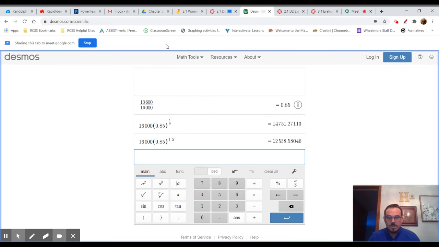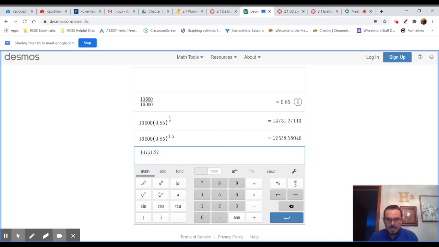Let me share this with you, just to prove to you that it's the same thing as what we found earlier in this problem. We will take that and divide it. Oops, I put the wrong one there. I'm just going to copy that, put it at the bottom. I got to put the smaller number up top because that's after time has passed. So the 12,538.58. And look, 0.85, like I said.